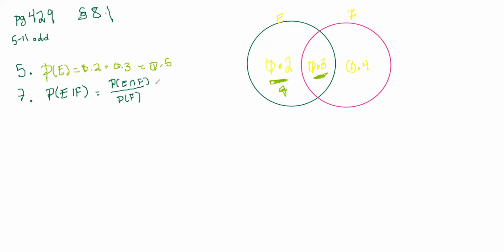So the probability that E intersects F is going to be this here, this 0.3. The probability that F itself just happens is not just going to be 0.3, but 0.3 and 0.4. So this is 0.3 plus 0.4.